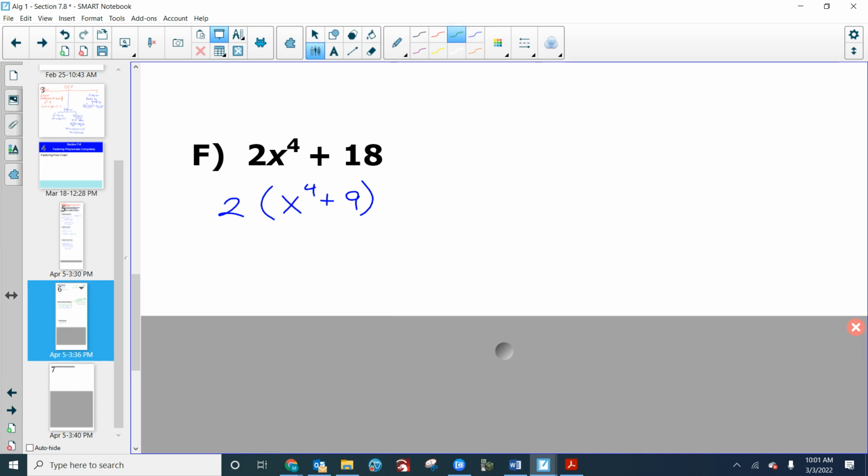Good answer. Well, if it's going to, I wouldn't have x and x here. Those multiply to x squared. X squared and x squared, right? Because when I go to FOIL this, that would multiply to x to the 4th.